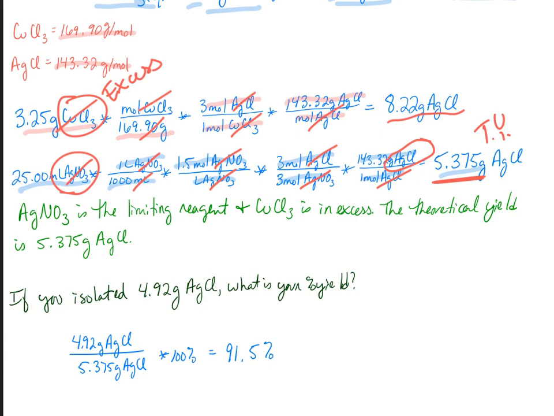So just realize that I'm getting this number because this number is less than this value. Okay. So let's say that you isolated 4.92 grams of AgCl. What's your percent yield? You take the 4.92 divided by 5.375 times 100%, and that'll give you your percent yield. And there you go, you've got it.